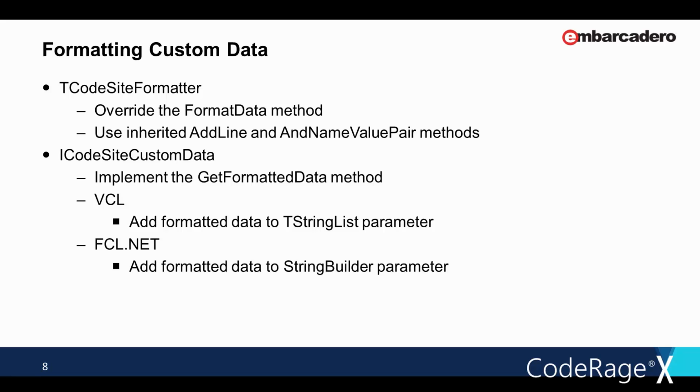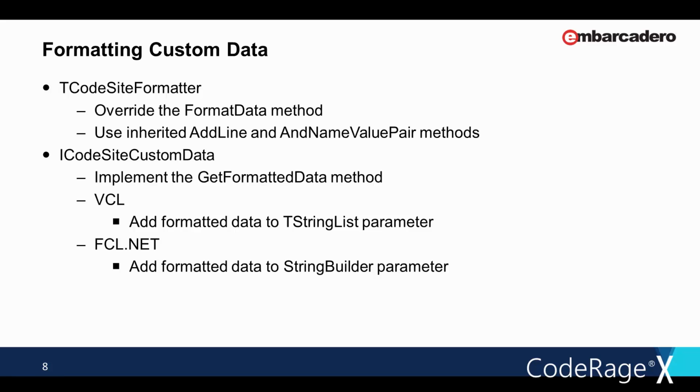To format the data, we override the format data method, and there are two functions that we can use to populate our custom data. We'll use add line and add name value pair. Add name value pair is used for the properties inspector type. If it's any of the other ones, you would do an add line.